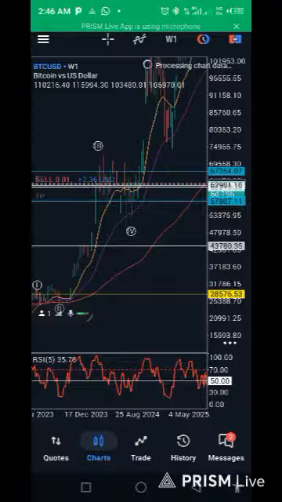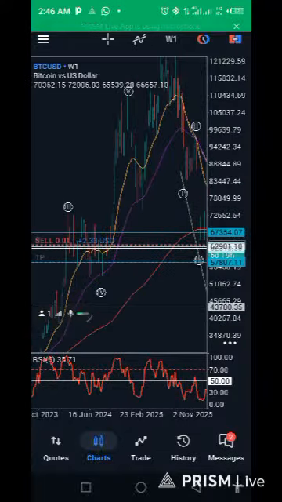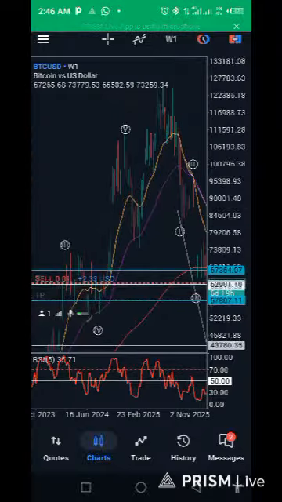Then it went back again and retraced to about 40 something, and that was the fourth wave. Then it went to 100 something thousand. That was where it got to. That was the fifth wave.